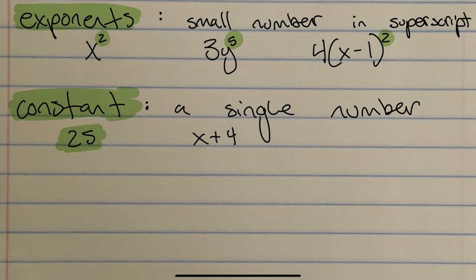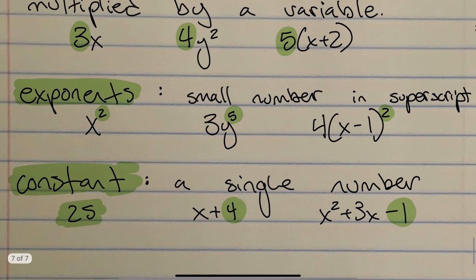Another example could be x plus 4. Well, there is an x involved in this expression, but it is not attached to that 4. So the 4 would be the constant here. Or let's say we had x squared plus 3x minus 1. The only thing that doesn't have a variable on it is going to be this minus 1. So that's your constant.